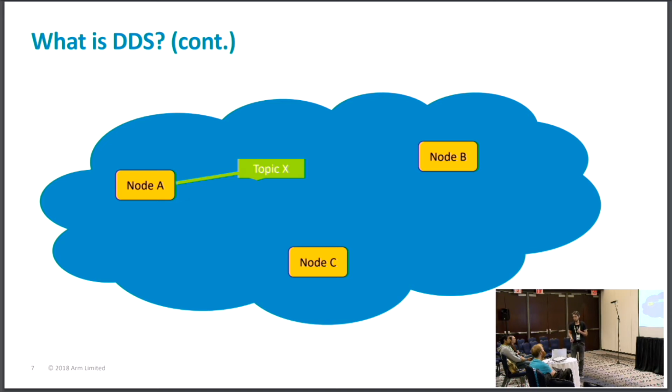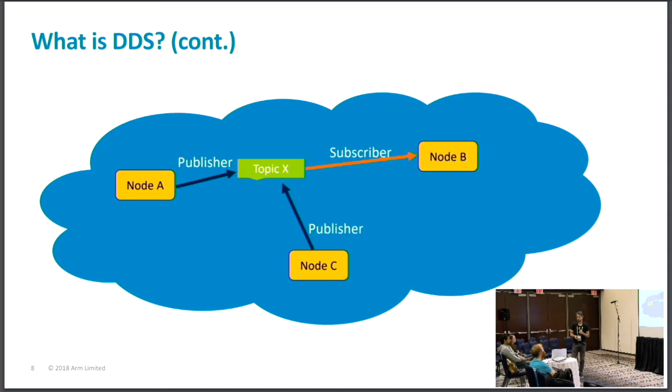So in this example, node A is creating a topic, and nodes A and C are publishers of this topic, so they can send data, which we call sample data. And node B, for example, is subscribing to it, so it can just receive this stream of data.